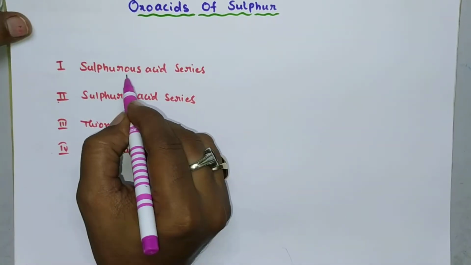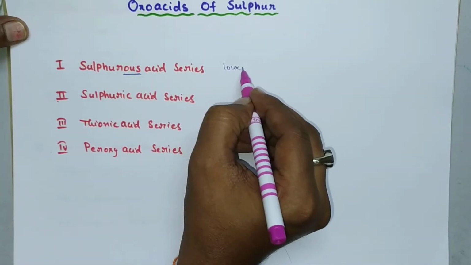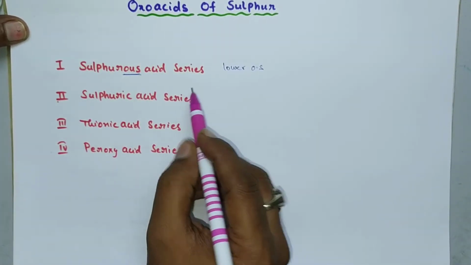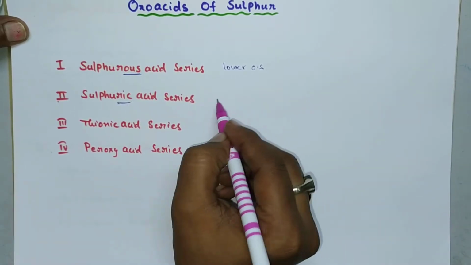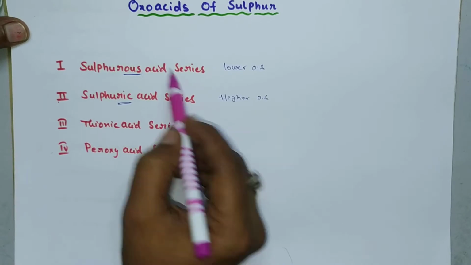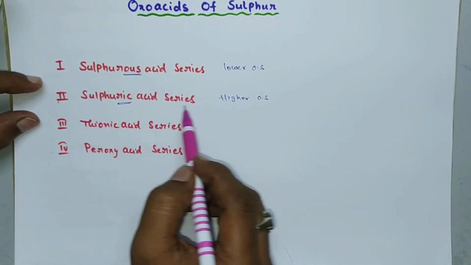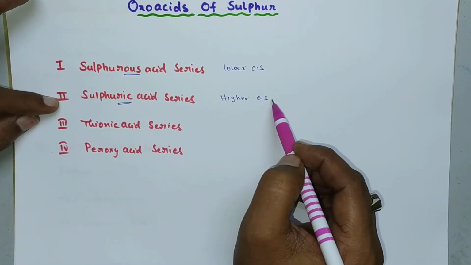Here, "ous" indicates it exhibits a lower oxidation state, and "ic" indicates it exhibits higher oxidation states. So the ous series consists of lower oxidation states, whereas the ic series consists of higher oxidation states.